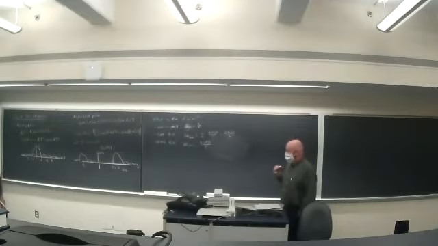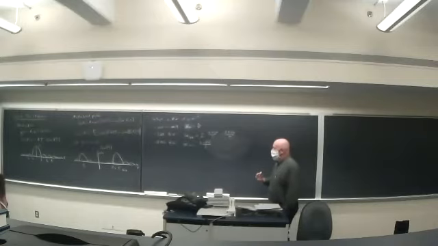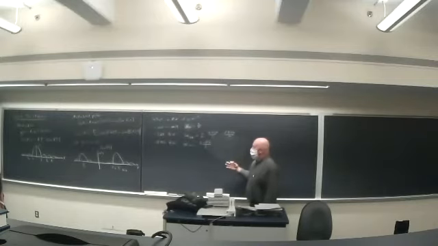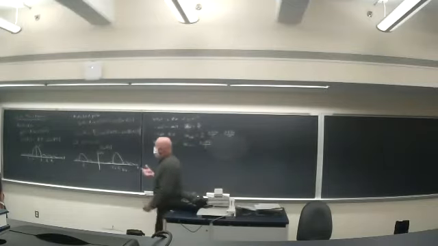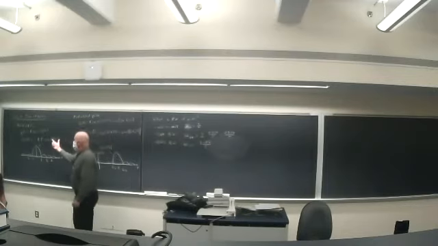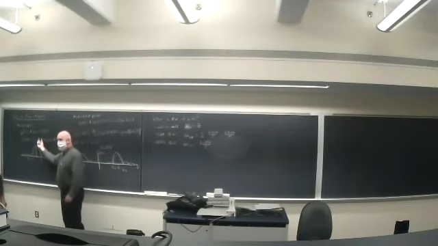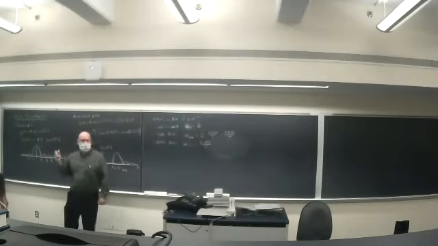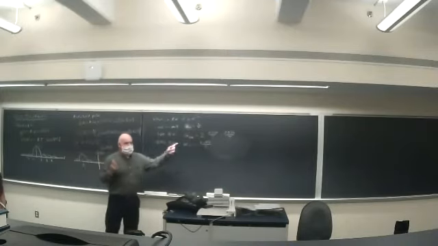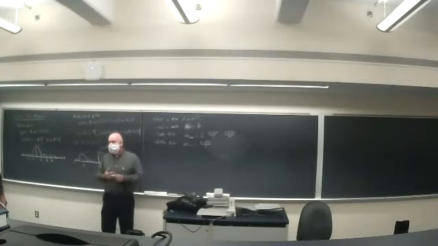But the point I want to make now is that all of these bandwidths are inversely proportional to T. So what that means is as my pulse gets narrower, as T gets smaller, and capital T is the width of this rectangular pulse in the time domain, as that gets smaller, what happens to my bandwidth? Now the bandwidth gets larger.